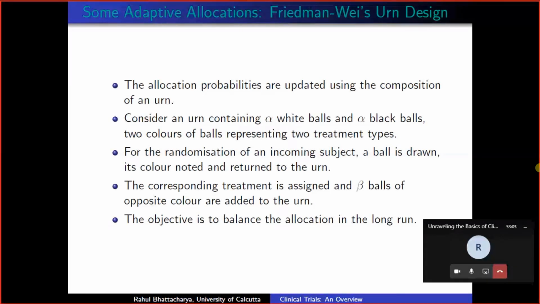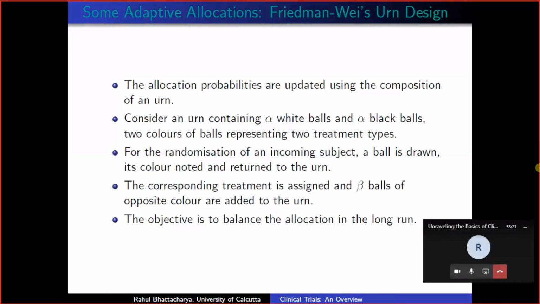Now, at some stage, some patient is assigned to treatment 1. Now, what will be next? You add beta balls of the opposite color to the urn. What does this mean?